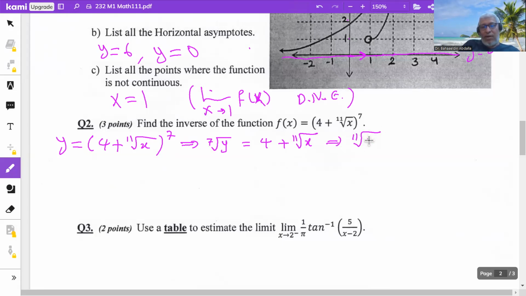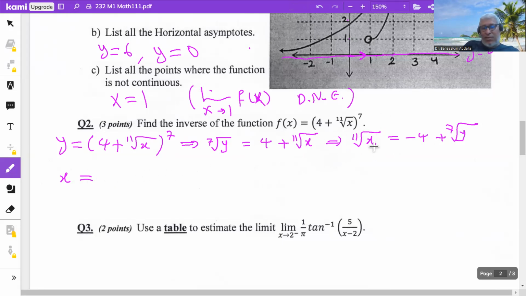So I'll have the 11th root of x equals negative 4, if you take it to the other side, plus the 7th root of y. Now finally, to find x, I have to get rid of the 11th root. What to do? I raise both sides to the power 11.